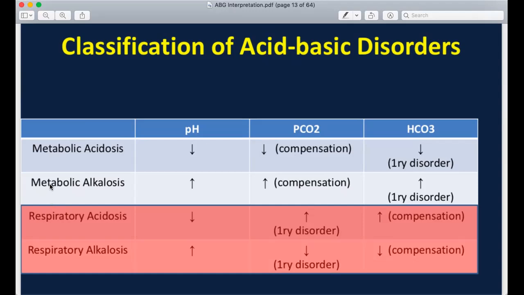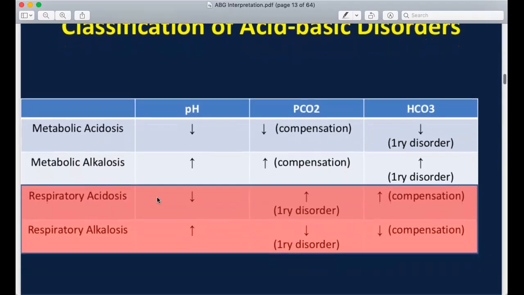Then again, with metabolic alkalosis, pH would be increasing, the bicarbonate would be increasing, and the partial carbon dioxide would also be increasing. Now in respiratory acidosis, the pH level will be decreasing and the bicarbonate would be increasing, but the partial carbon dioxide would also be increasing, which leads toward respiratory acidosis, because pH is going along with the bicarbonate but going against the partial carbon dioxide.